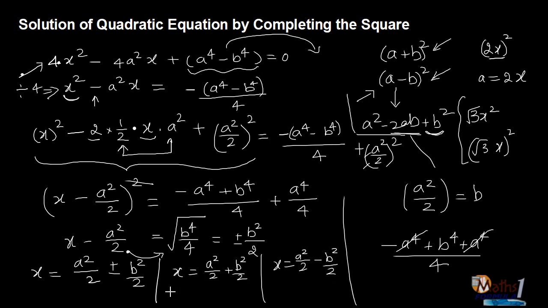From here it should be straightforward. If I take the LCM, this will be a square plus b square. It's the same denominator, so all we have to do is add or subtract in the numerator. So these are the two solutions for this particular quadratic equation.